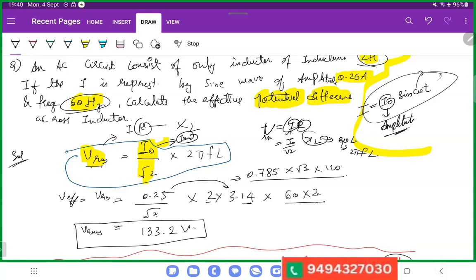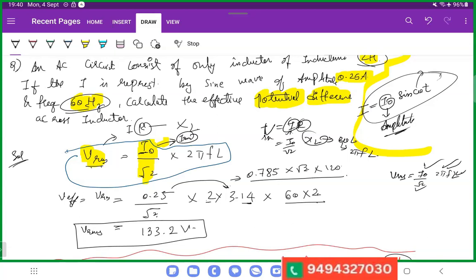So finally, VRMS equals I naught by root 2, times 2 pi FL. Do we have I naught? Yes. 2 pi F? Yes. L is given? Yes. That's it.